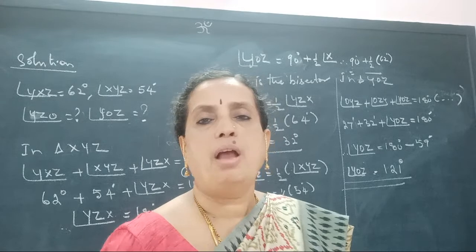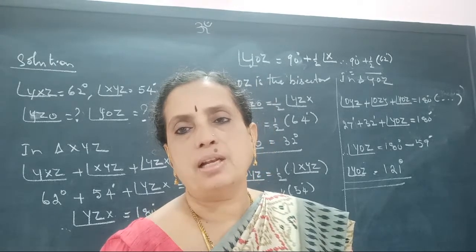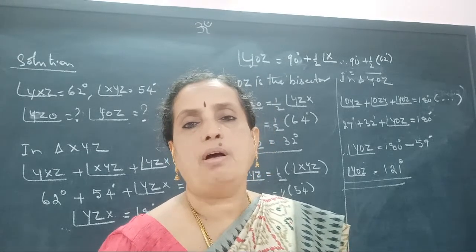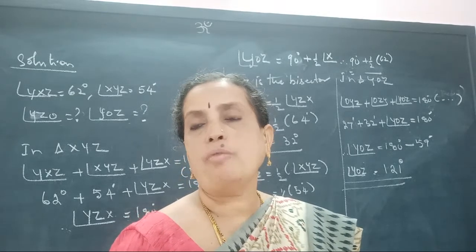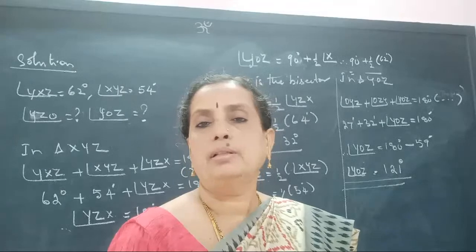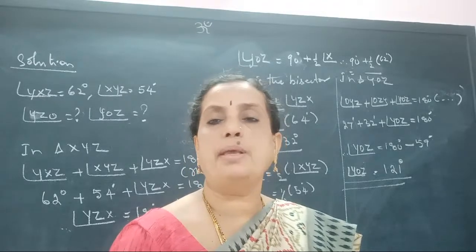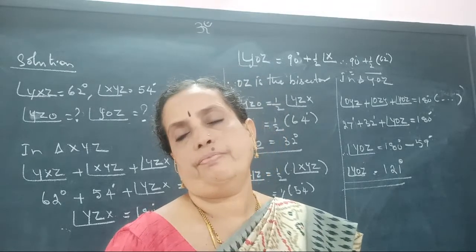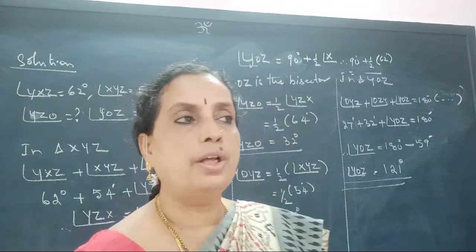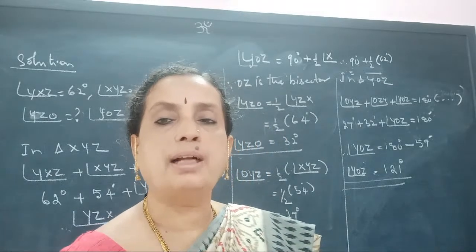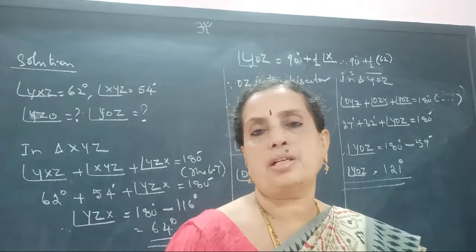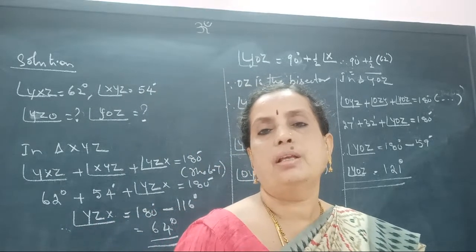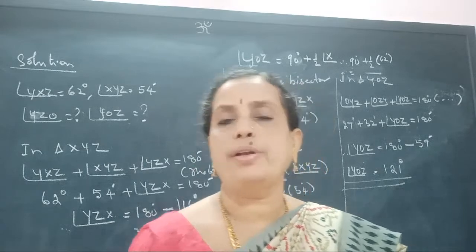Yes, have you all tried with the relation 90 degree plus half of angle A is the measure of the angle formed by the bisectors of the base angles? Even you can try that using the construction. Okay, using the construction also you can try whether it satisfies or not.